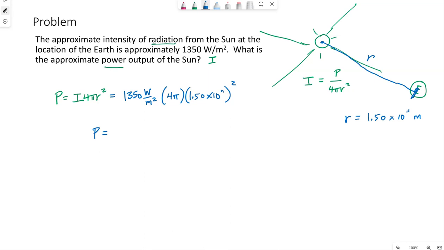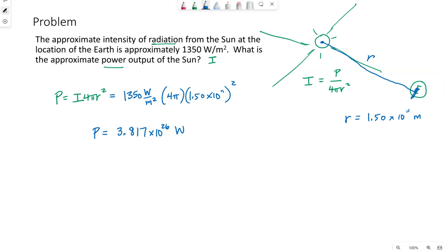So multiplying this all out, I'm getting 3.817 times 10 to the 26th watts.